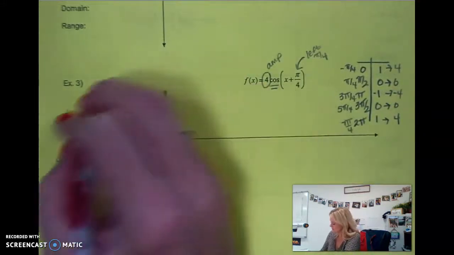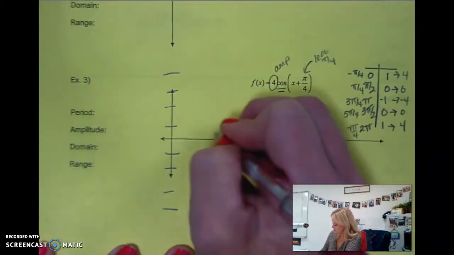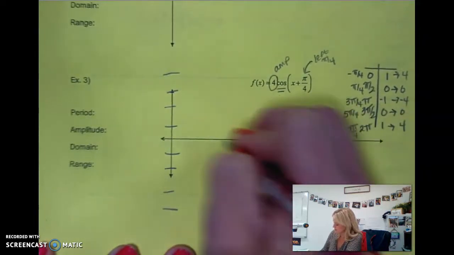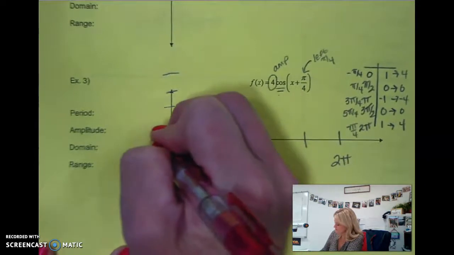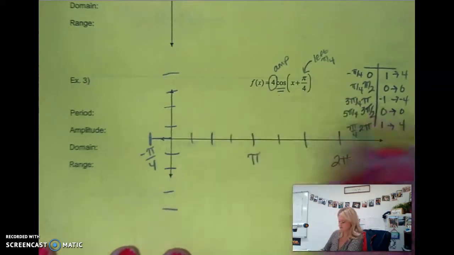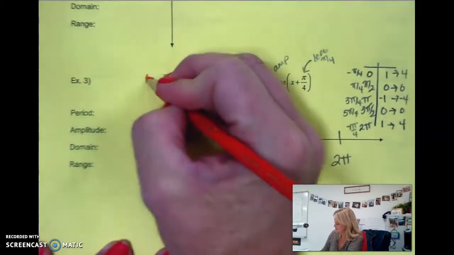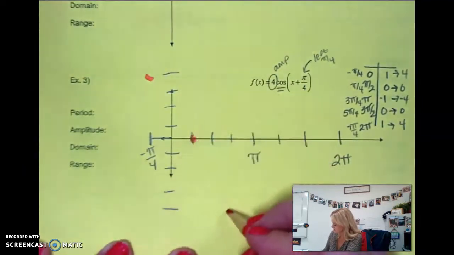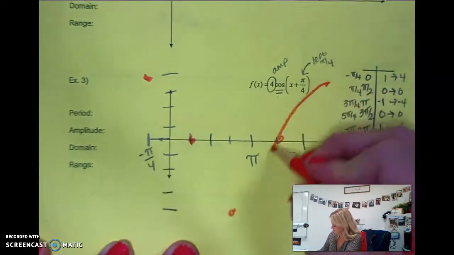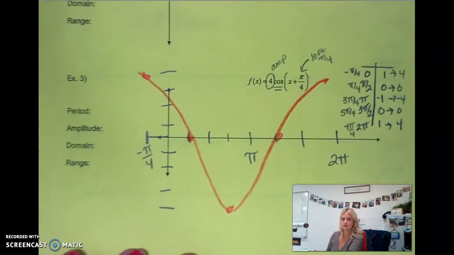So now when I go to graph it, I am going to go 4 high and 4 low. Okay, typically we start at 0, but everything is shifting over by 1/4, so now I'm at negative 1/4. So when I go to graph this, and remember it's cosine, everything shifted to the left 1/4 of a pi.